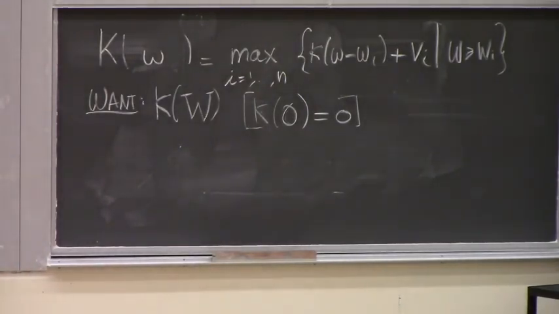So I didn't understand the start of the question. Try again. Good question. The question is, is K outputting a knapsack? No. K is outputting the value of the knapsack. And this is analogous to when we were studying shortest paths.